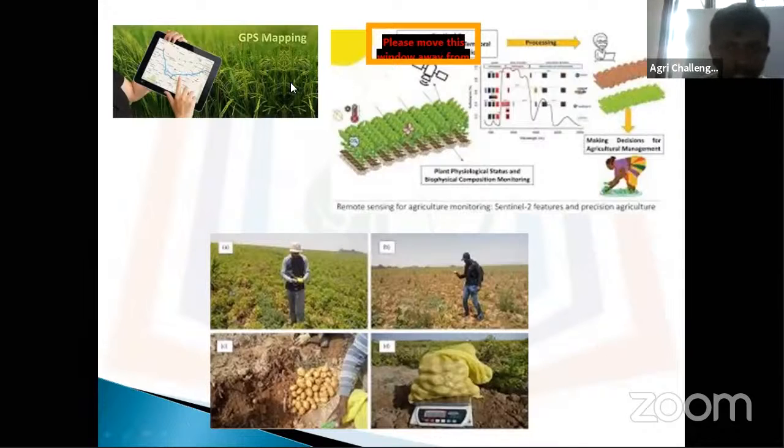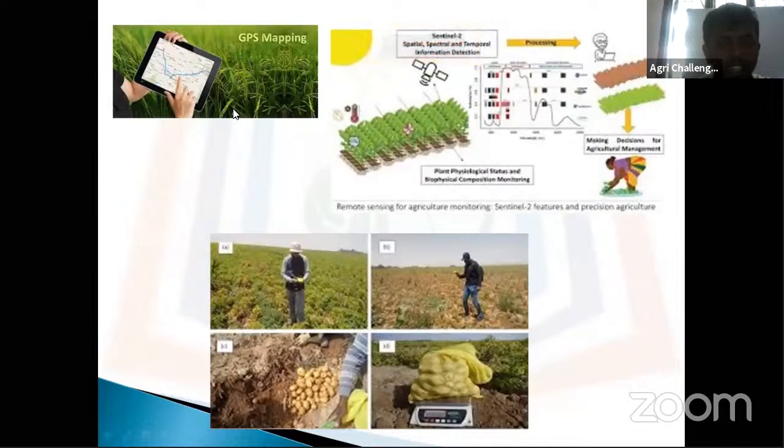Here you observe in these different mappings, pictorials: GPS mapping, remote sensing and GPS mapping, and GIS. GPS, GIS and remote sensing, these all are the heart of your precision farming. They are interrelated. What does GPS do?